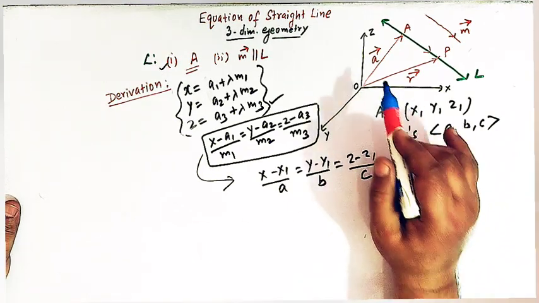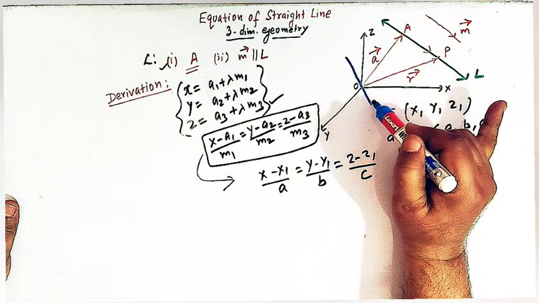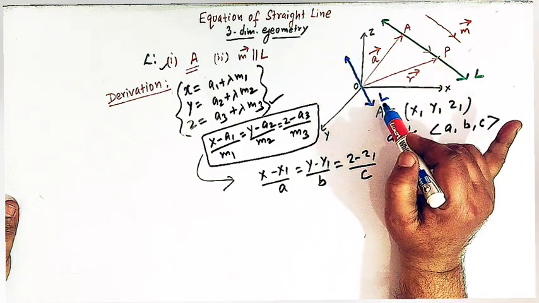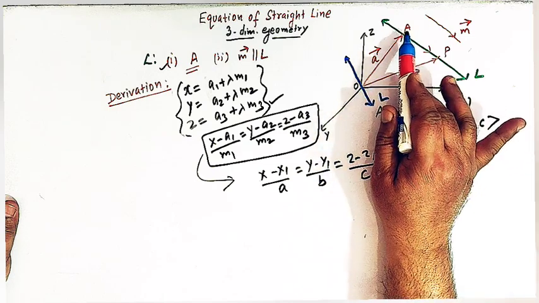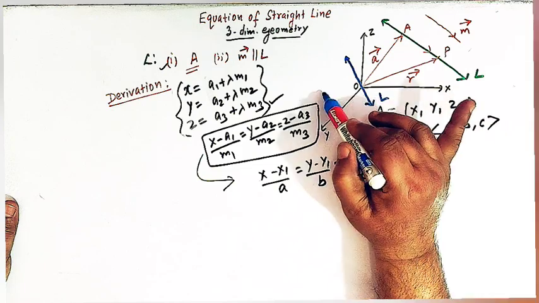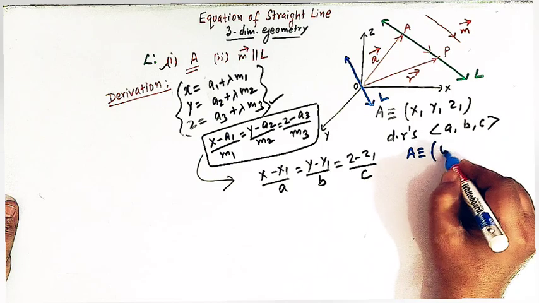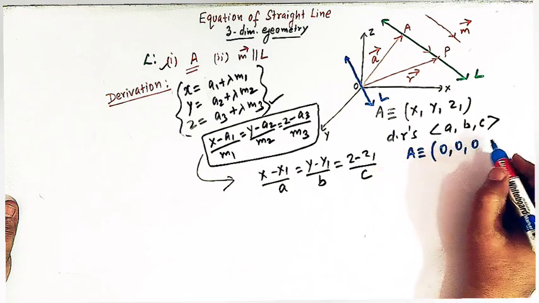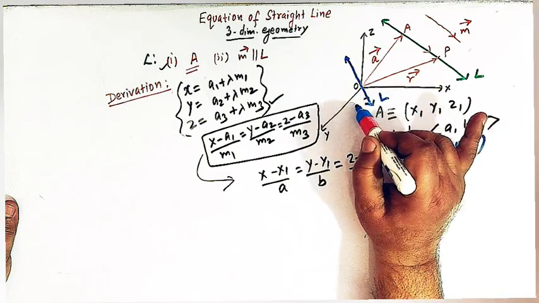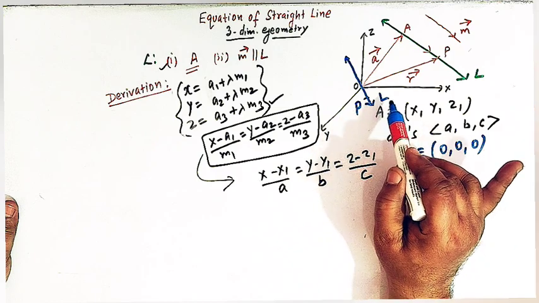Now let us consider the case when this line L passes through the origin. When this line passes through the origin O, the coordinates of the point A may be taken as 0, 0, 0, and we can take an arbitrary point P with coordinates x, y and z.